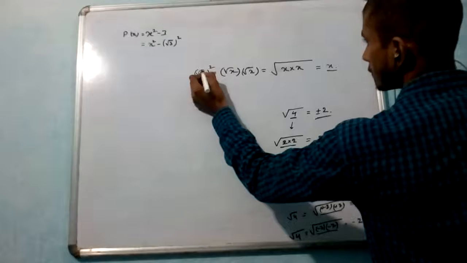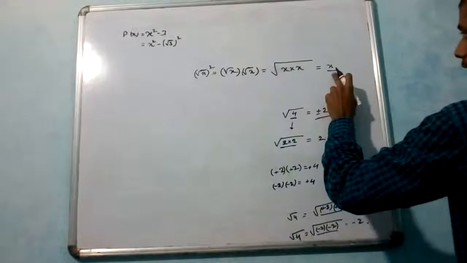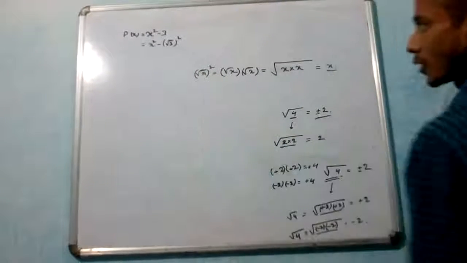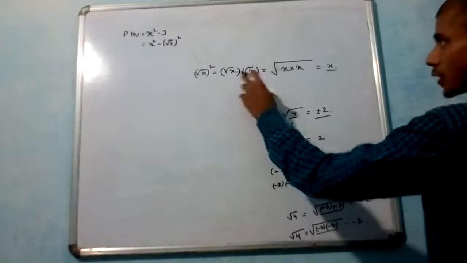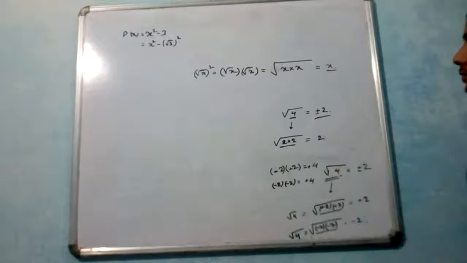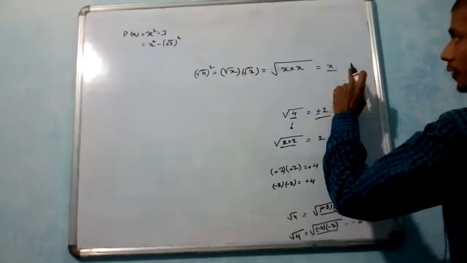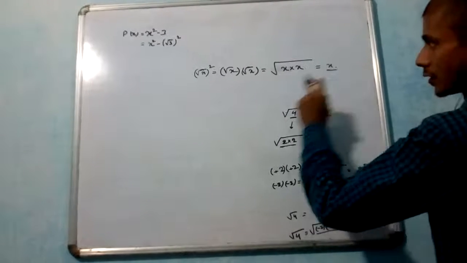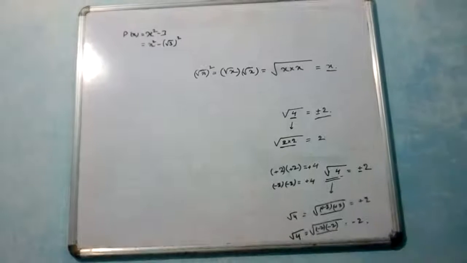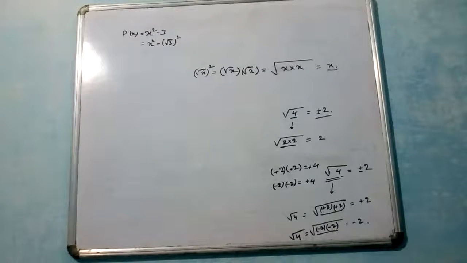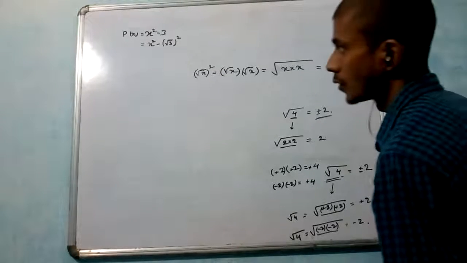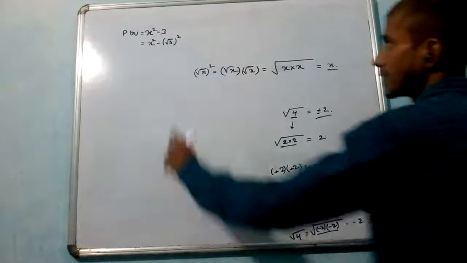X is nothing but root x whole square or not? Root x into root x is equal to x only. So if I want this in the form of quadratic, can I write like this? Any doubt on this? So can I write this 3 as root 3 whole square?